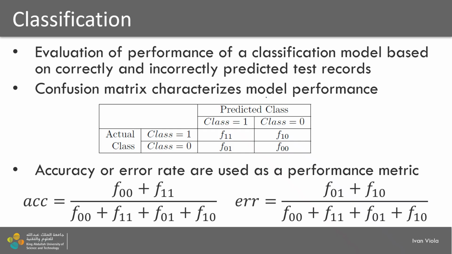So, for classification, to understand how it performs, we need to have some kind of evaluation of the classification technique or model performance. This performance is based on how correctly and incorrectly the test records are predicted. We can summarize that in the so-called confusion matrix, which characterizes whether the model performed the classification well or not.